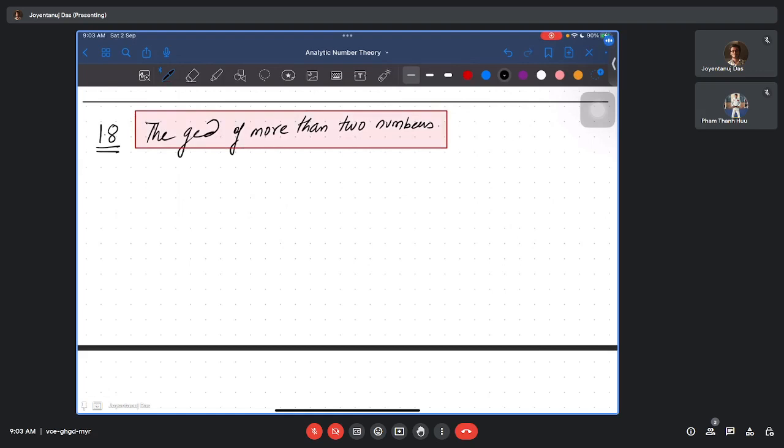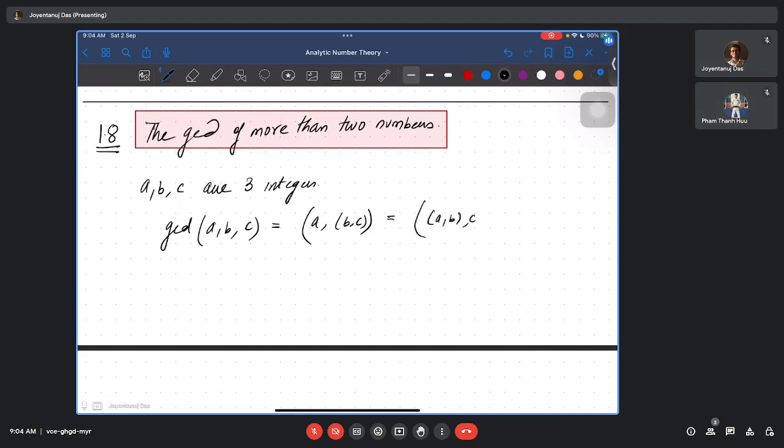So suppose I have three integers, A, B, C. Then the GCD of A, B, C is nothing but we take the GCD of B and C, and then take the GCD of A and that GCD of BC. Okay. So this is actually symmetric. So we can first do A and B and then do C. That also we can do.